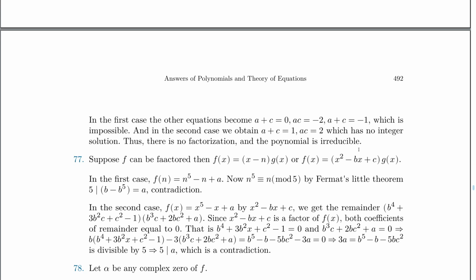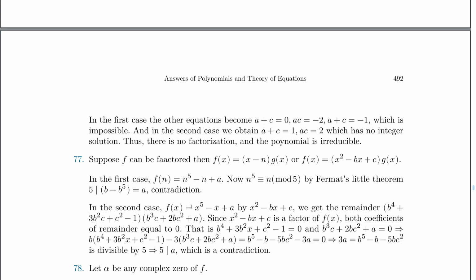So there are two possible cases here. In the first case, f of n is equal to n to the power 5 minus n plus a. Now n to the power 5 is congruent to n mod 5 from Fermat's little theorem. Now 5 is divisible by a, which is a contradiction.